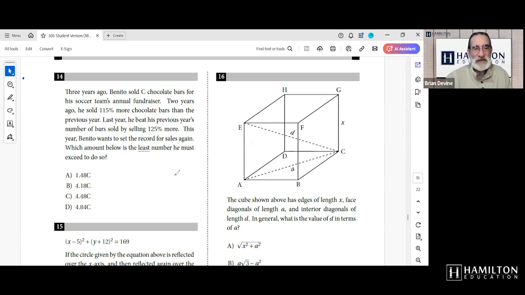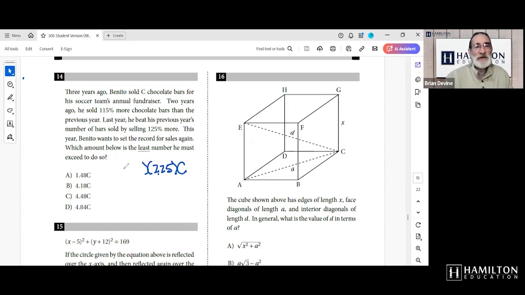quest to sell chocolate. Well, if C was the number that he sold 3 years ago, and he bested that by 115%, then he sold 225%, or 2.25 times his previous year in that 2 years ago sales time.